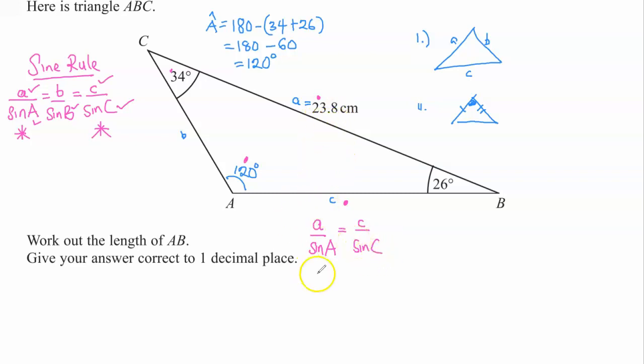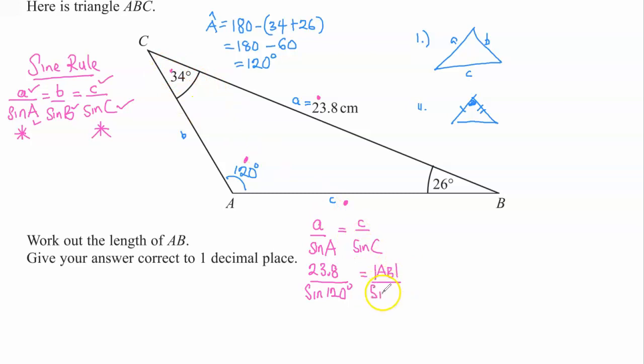Now, lowercase a is 23.8 cm. So this is 23.8 centimeters divided by the sine of A, which is sine 120 degrees, equal to c, which is AB. So I'm just going to write this as AB, the length of the line AB, over sine C. We have that already.